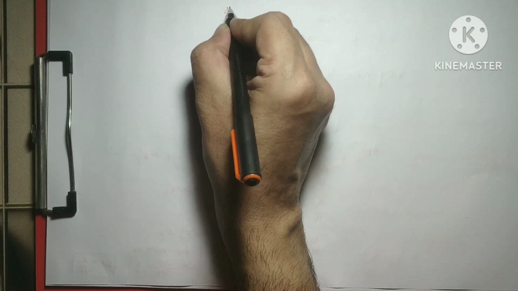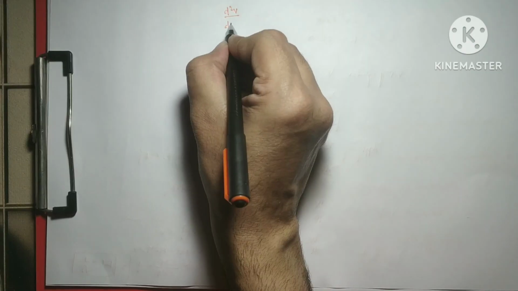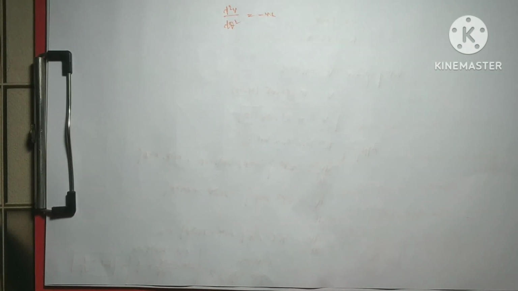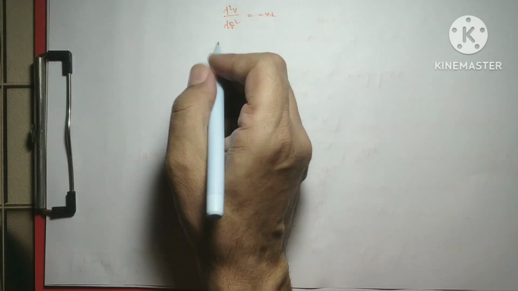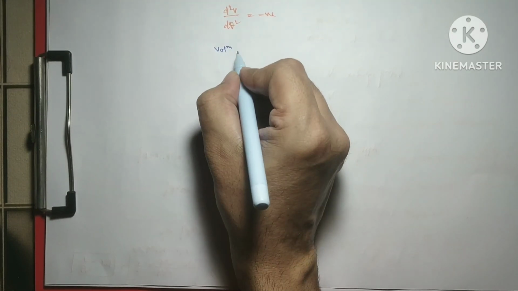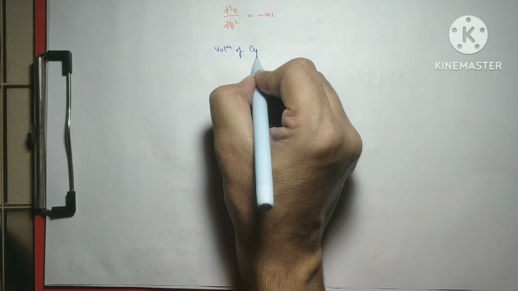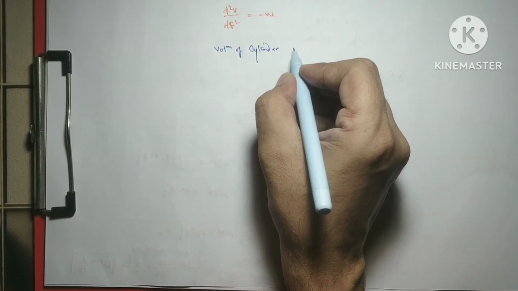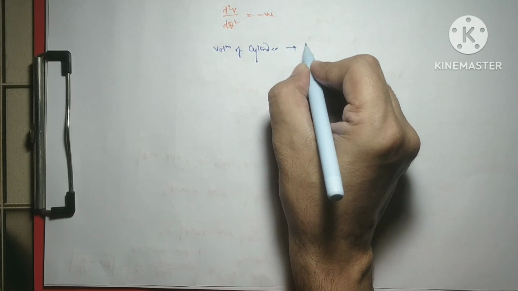So d2V over d theta square is negative. That shows the volume of the cylinder in a sphere of radius r is maximum.